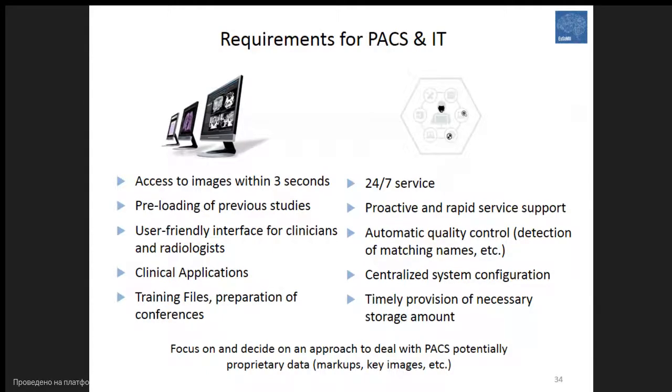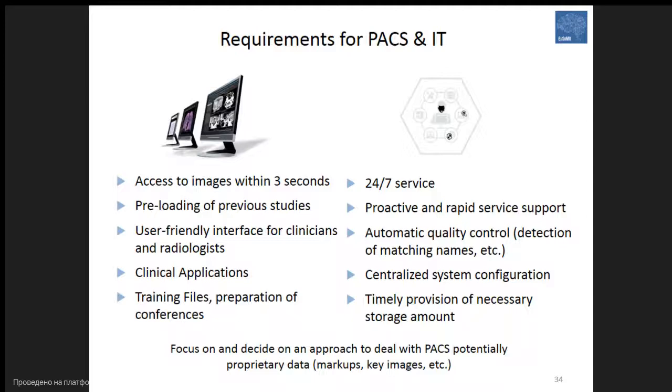The requirements for PACS are listed on this slide. Most of them are well known: fast, quick access to images. They are detailed, for example, by the Royal College of Radiologists. PACS should allow preloading of previous studies and have a user-friendly interface.